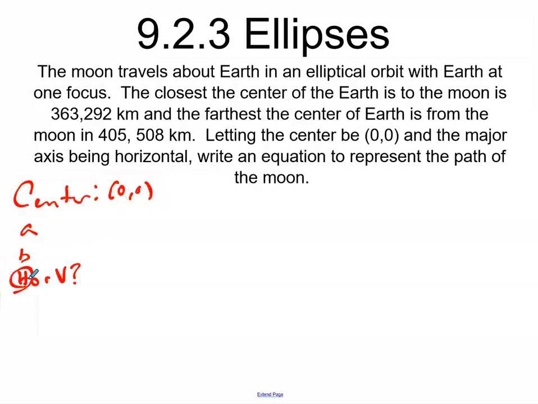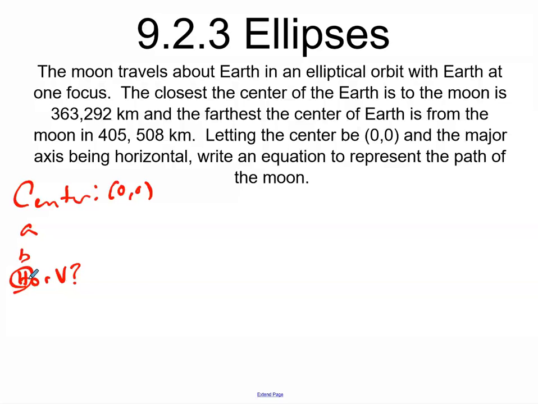Generally we just make the center of whatever our orbit is at 0, 0, unless we're comparing it to other elliptical paths or anything like that. In that case, we would want to come up with a more standardized grid system.